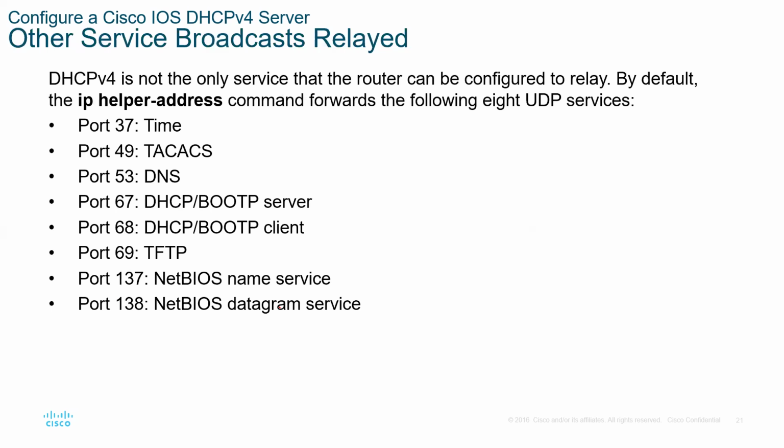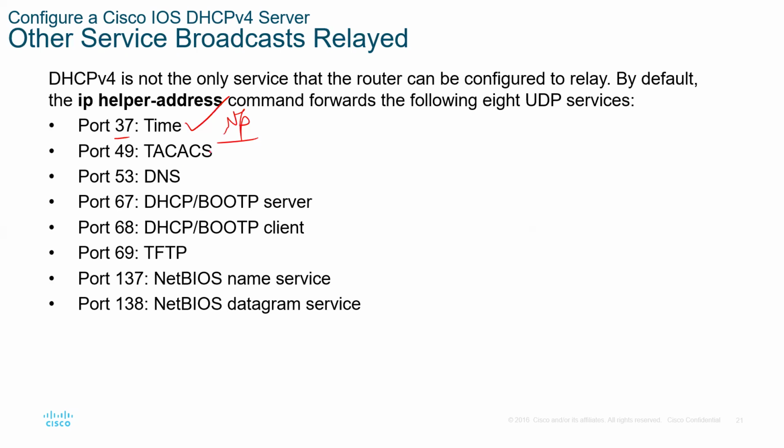Relaying is not only useful for DHCP. Time, I'm sure that should be NTP time. All devices will need to be synchronized. How are they synchronized? Broadcast time, NTP. I'm sure this should be NTP. Port 37, it should be protocol NTP. So they also make use of the relay function to broadcast messages to every device in the network.